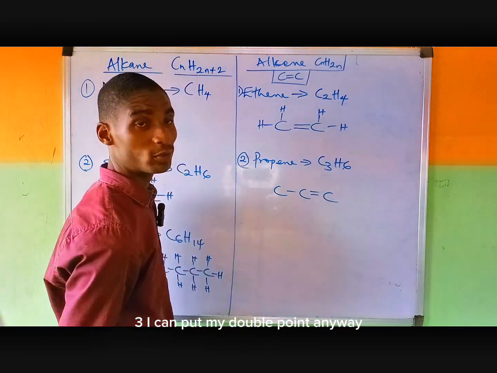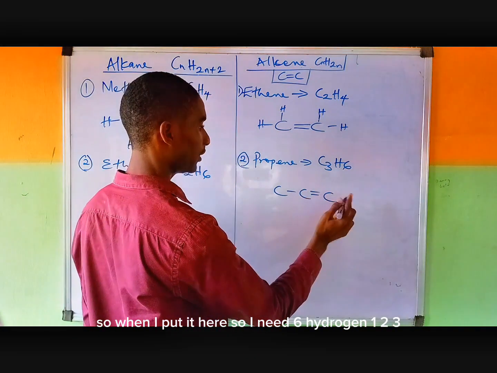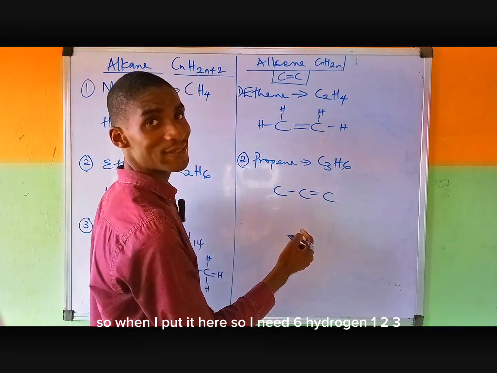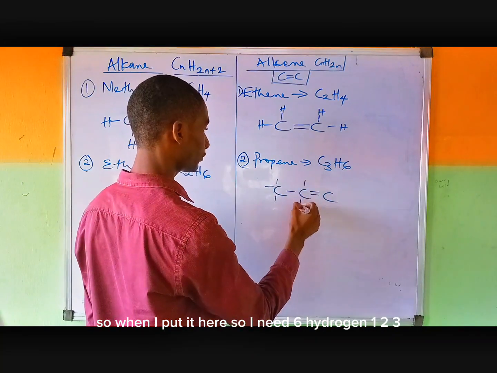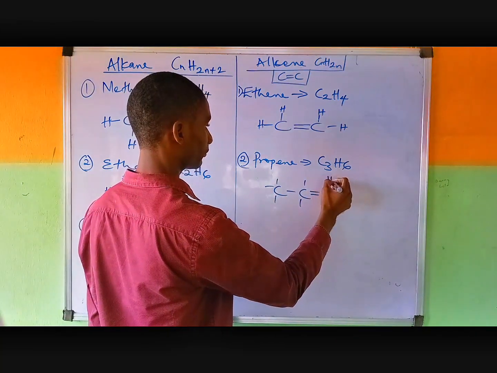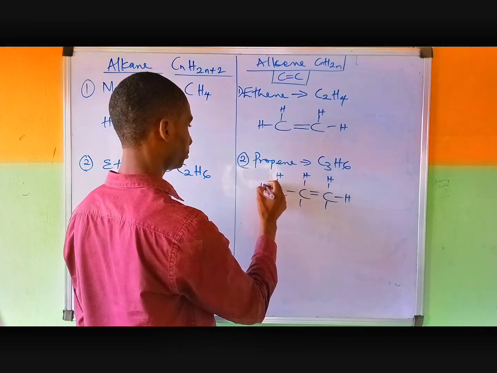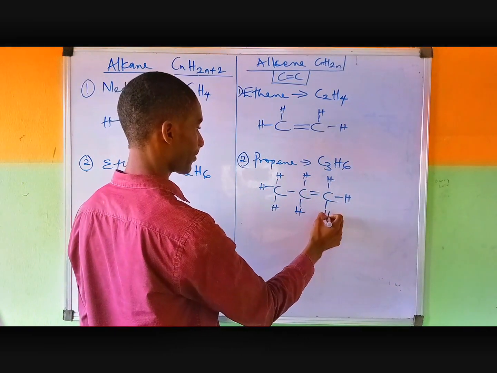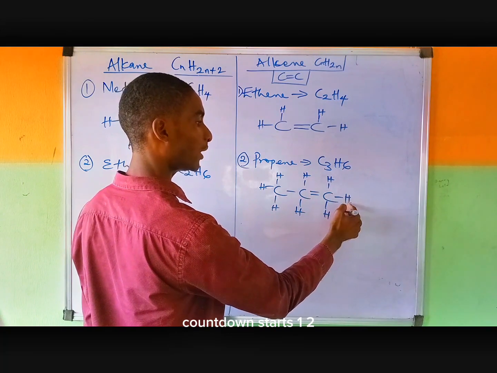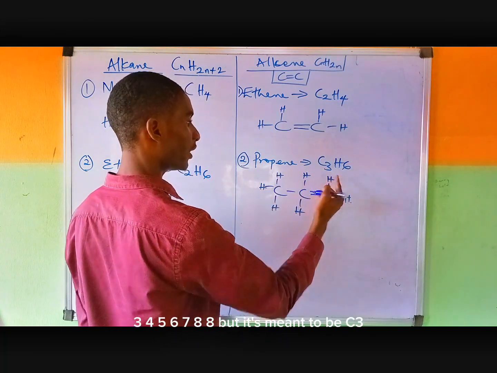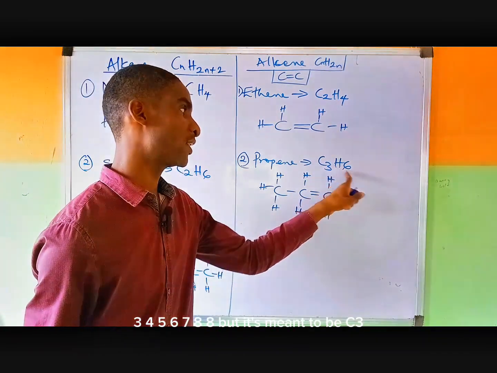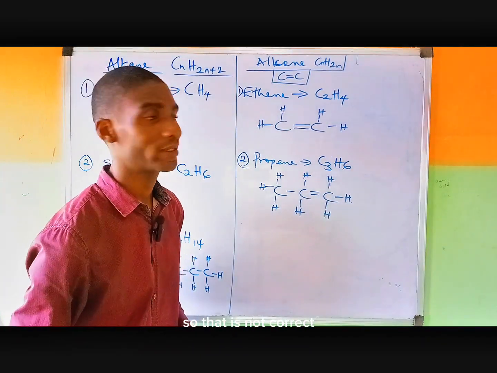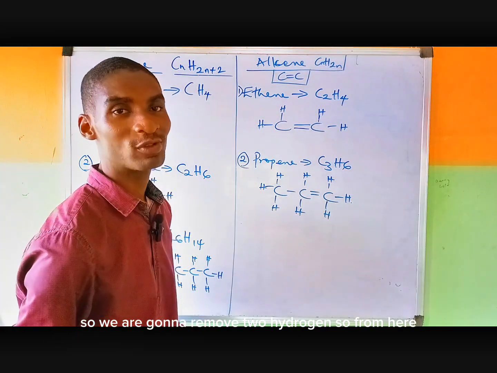I can put my double bond anywhere, so let me put it here. So I need 6 hydrogen. 1, 2, 3. Can you count the hydrogen? 1, 2, 3, 4, 5, 6, 7, 8. 8. But it's meant to be C3H6, so that is not correct. So we are going to remove 2 hydrogen.